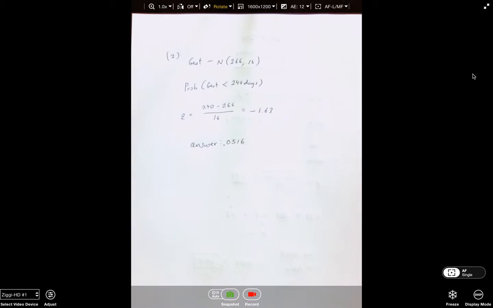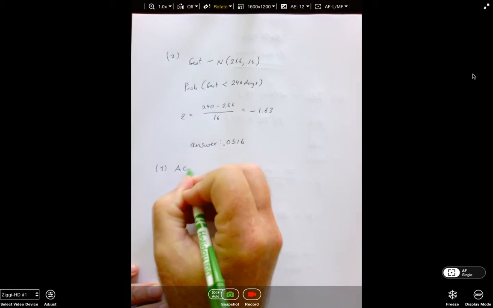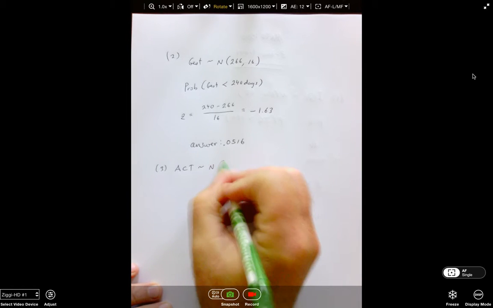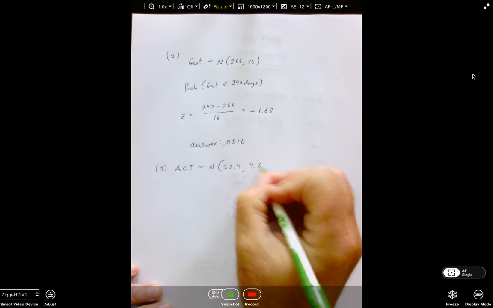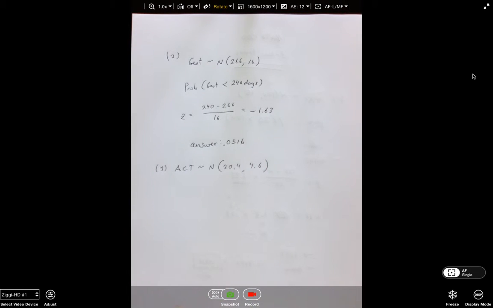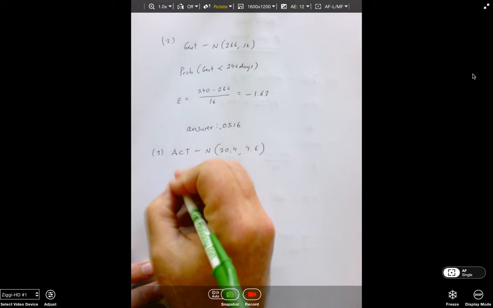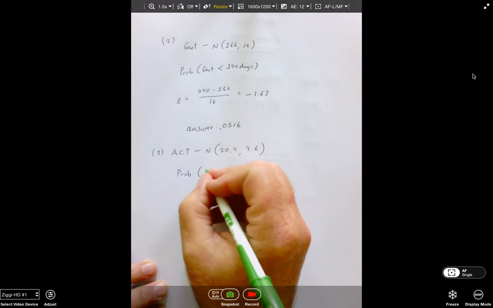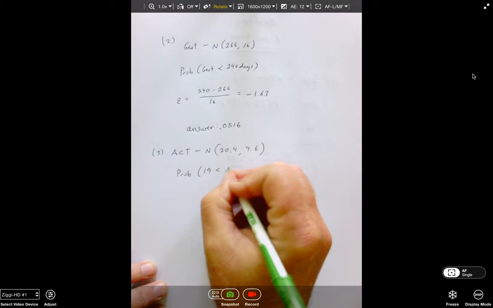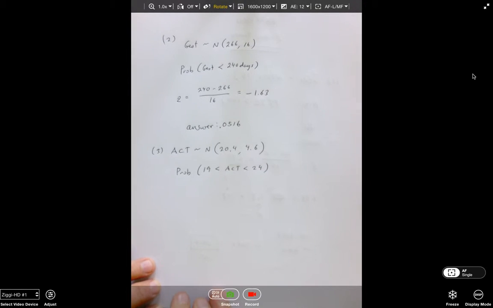Now, the most complicated type is, let's say that we know that ACT scores are approximately normal with a mean of 20.4 and a standard deviation of 4.6. We select someone at random. What is the probability that their ACT score is between 19 and 24?